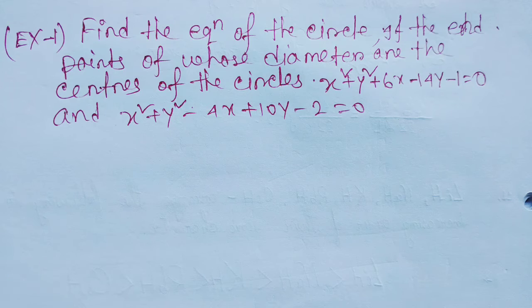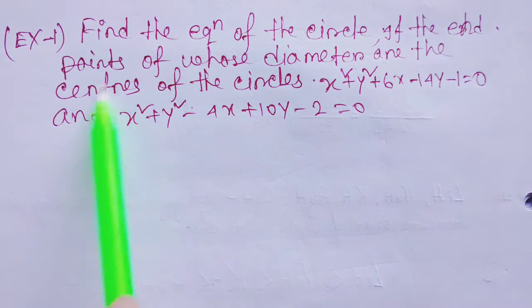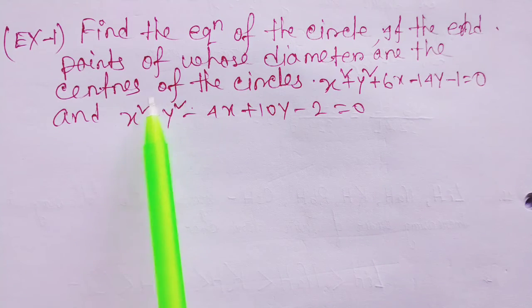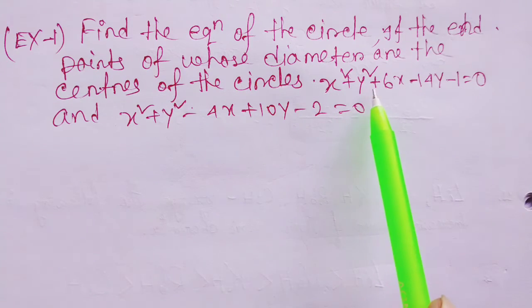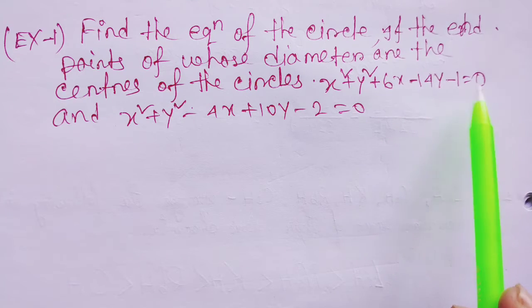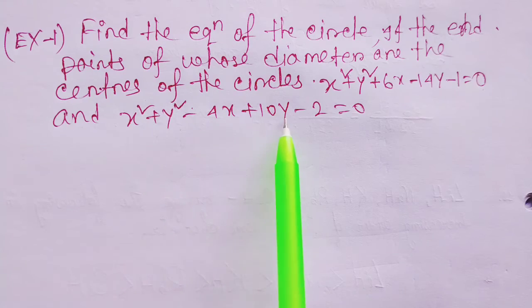Now try to solve a question. Example number 1. Find the equation of the circle if the endpoints of whose diameter are the centers of the circles x square plus y square plus 6x minus 14y minus 1 equal to 0 and x square plus y square minus 4x plus 10y minus 2 equal to 0.